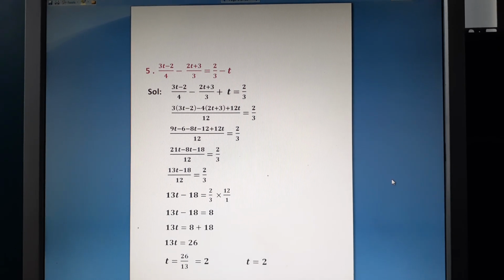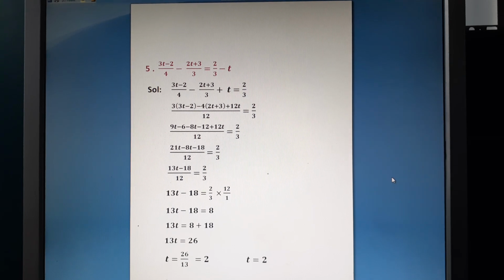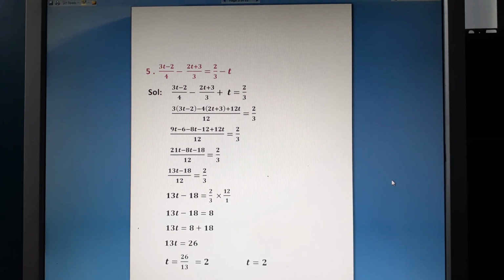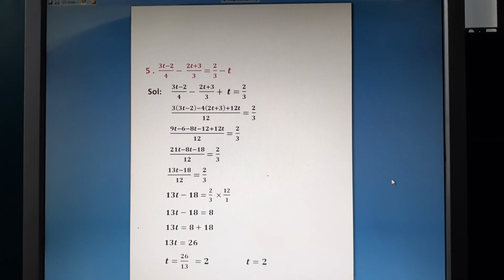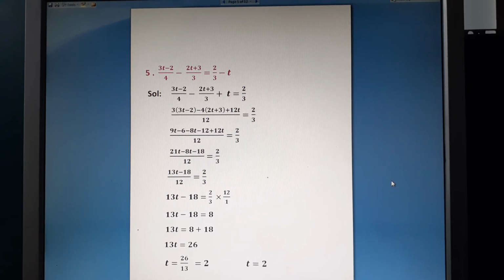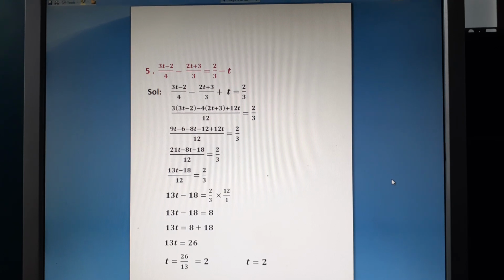See the denominators in left hand side. 3t minus 2 divided by 4 minus 2t plus 3 divided by 3. Take LCM. 4 3s are 12. 3 into 3t minus 2 minus 4 into 2t plus 3 plus 12t whole divided by 12.